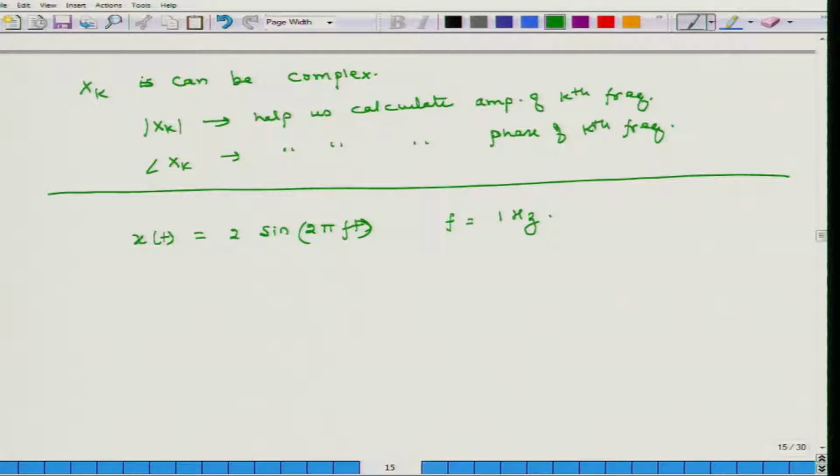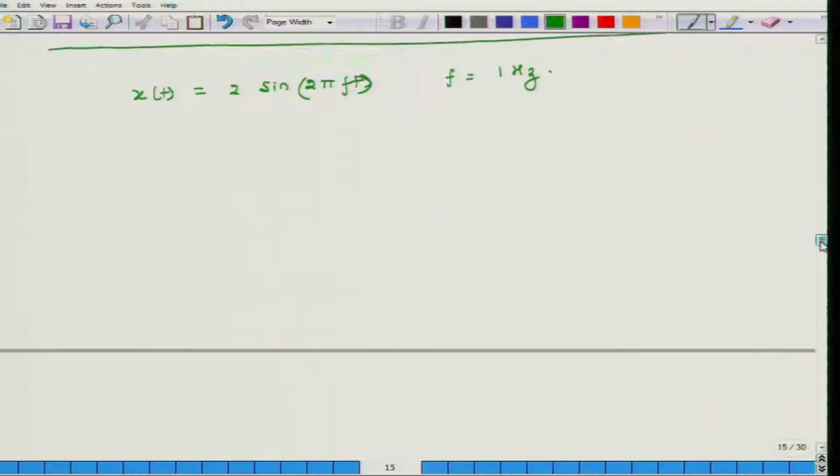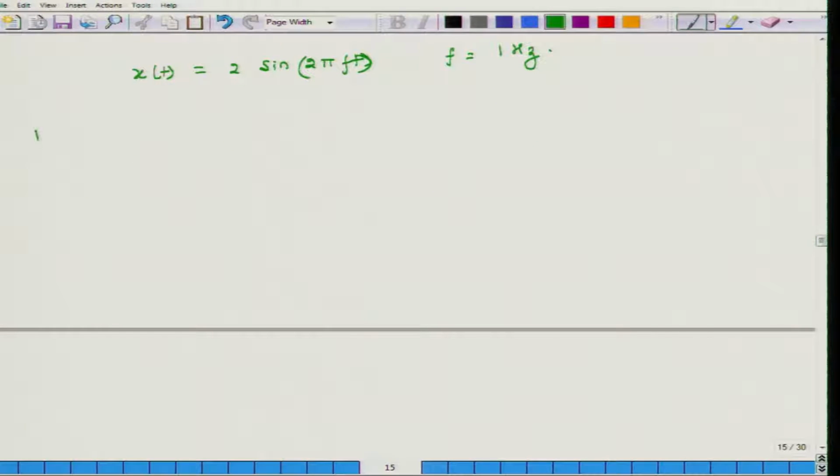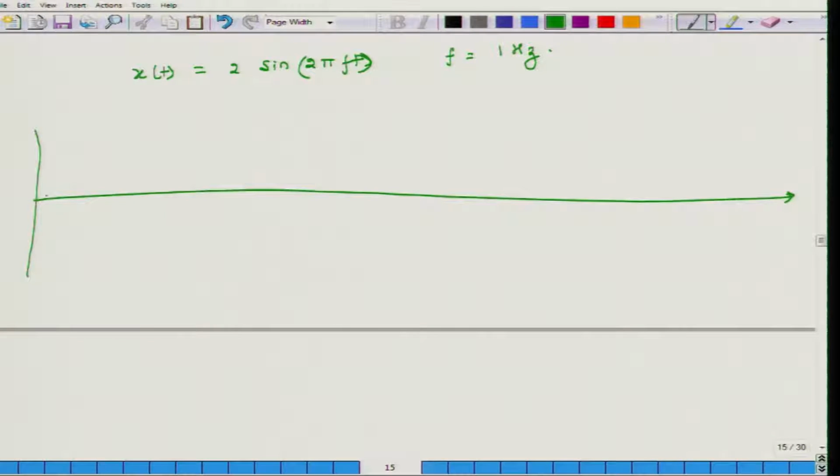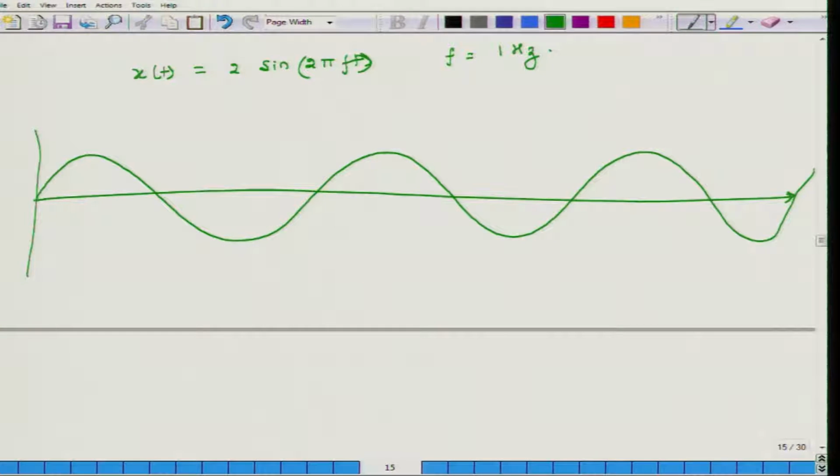If I plot it, my signal will look like this. And these are the points. So, my experimental setup is giving me some points.